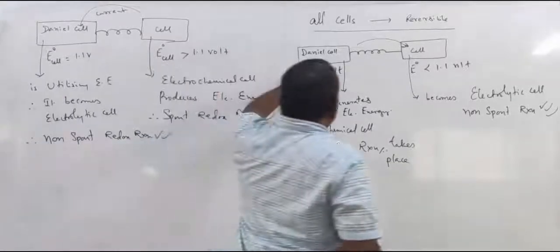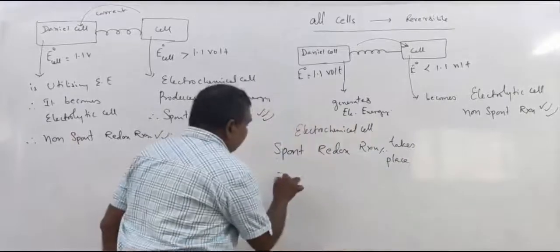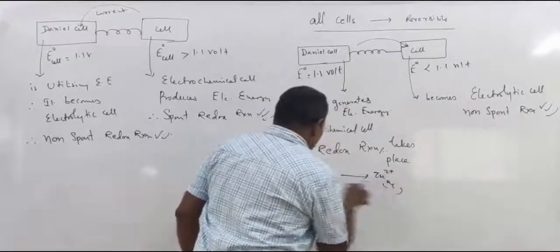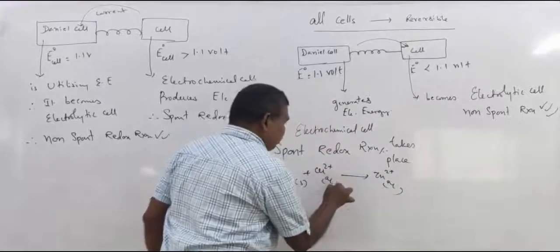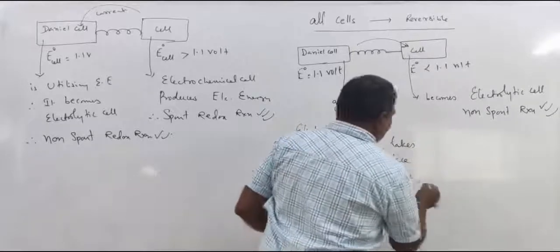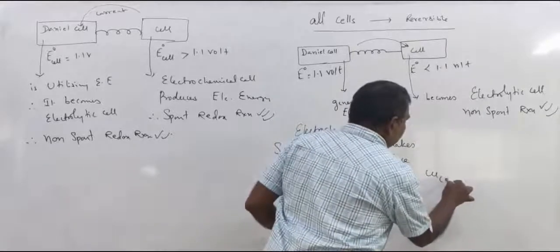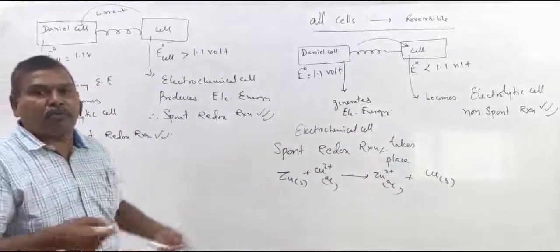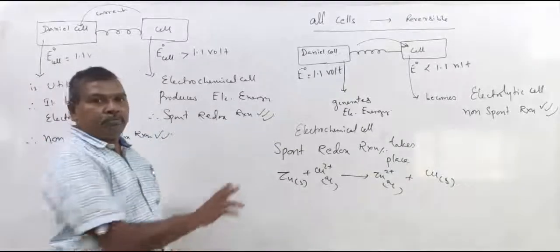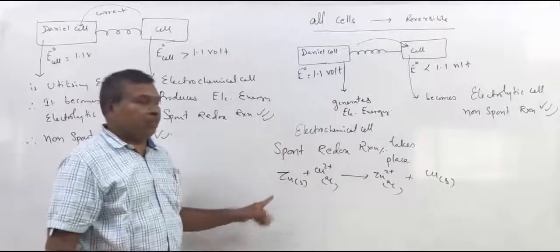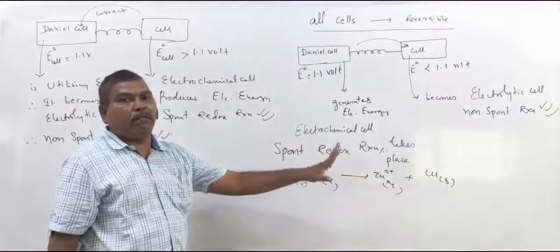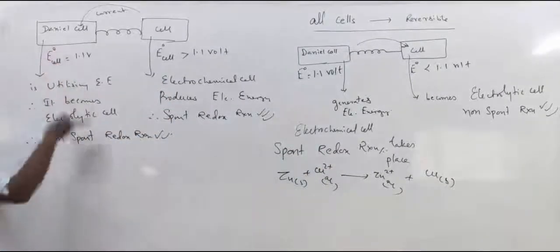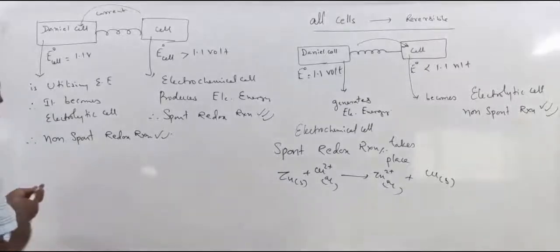See here in the Daniell cell, what is the spontaneous redox reaction? Zn solid goes to Zn2+ aqueous, and Cu2+ ions in the solution reduce to Cu, right? This is the spontaneous redox reaction. When the zinc half cell and copper half cell are connected together, the oxidation half reaction takes place at zinc, and the reduction half reaction takes place at copper. Now, non-spontaneous redox reaction means the reverse reaction.